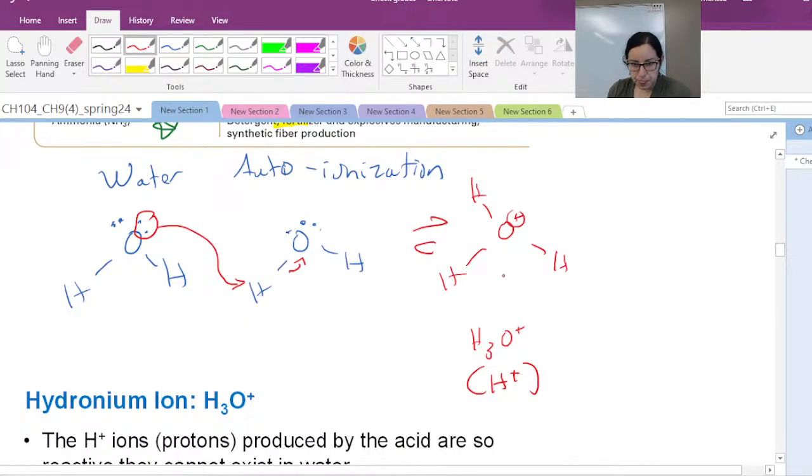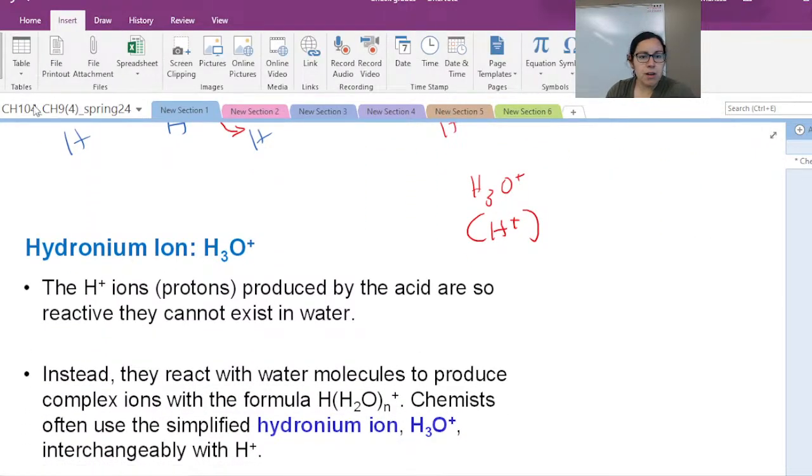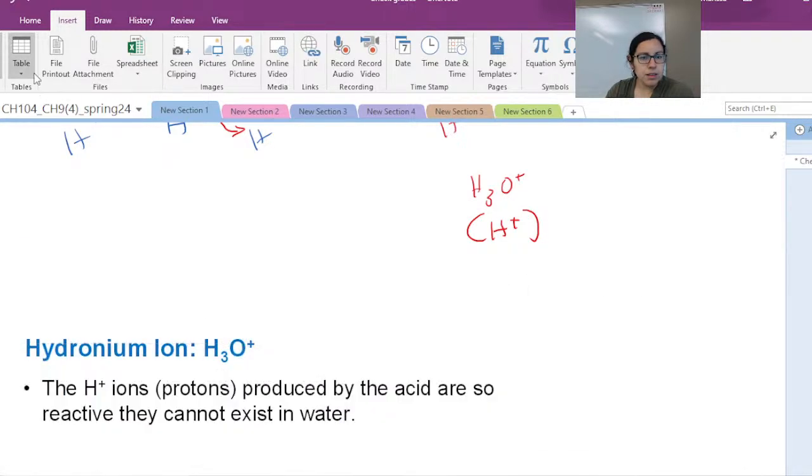So hydronium, and then we also have, of course, hydroxide if we've made hydronium. So it looks like that. Or let's see how else this could play out in solution.